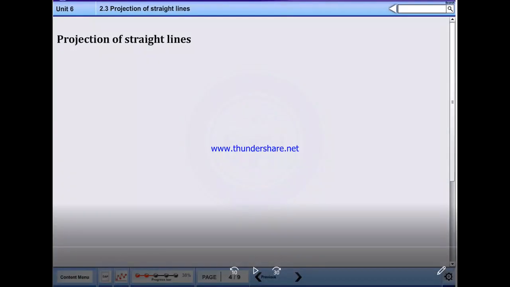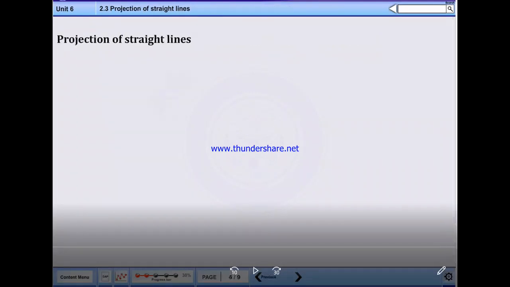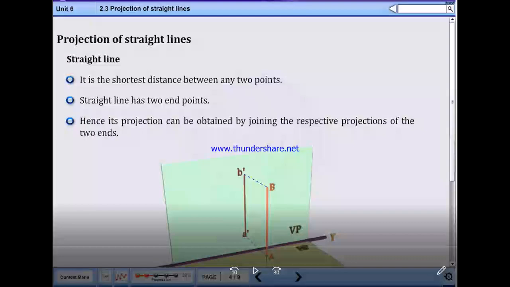Now the projection of straight lines and different positions of straight line with respect to VP. A straight line is the shortest distance between any 2 points.